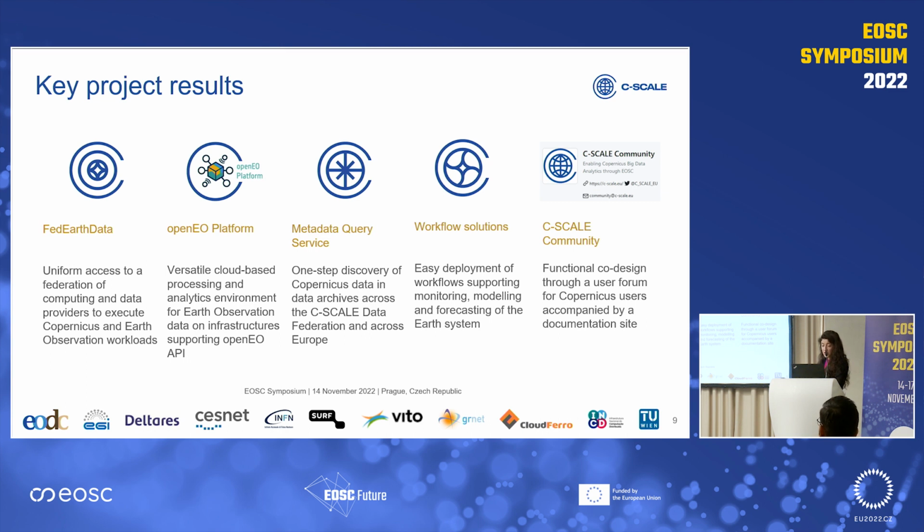The metadata query service for the discovery of the data within the federation, the workflow solutions, which are the results of our internal use cases that we're planning to onboard on EOSC and make available to users, and finally our C-SCALE community, so the forum, the documentation, everything that we are developing and making available for the users.